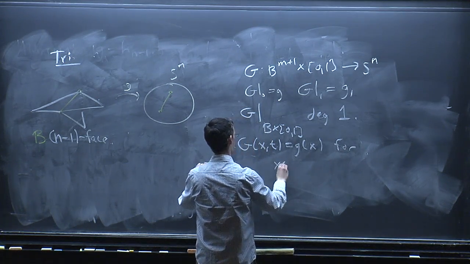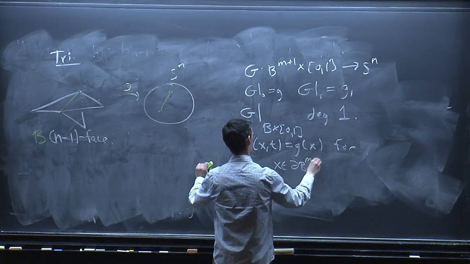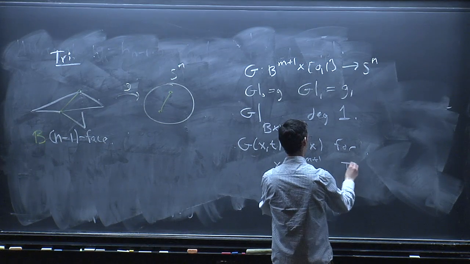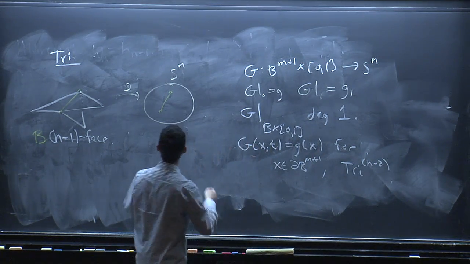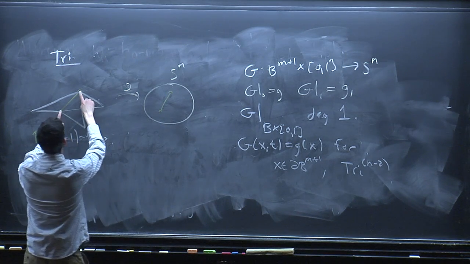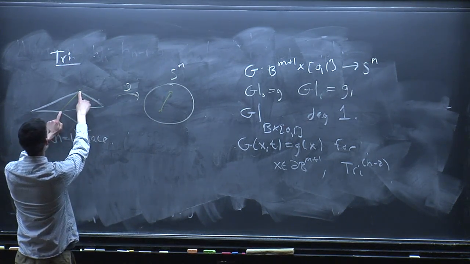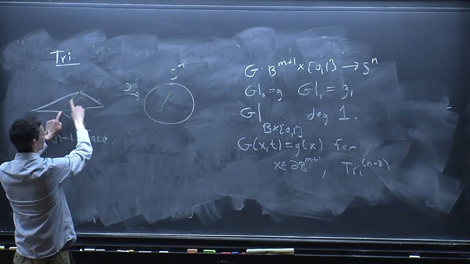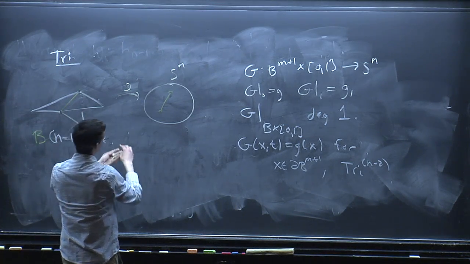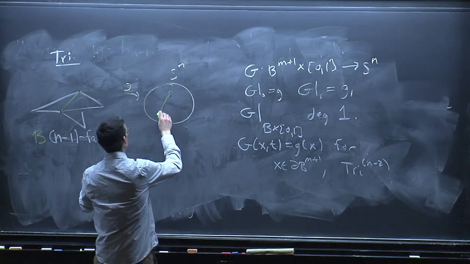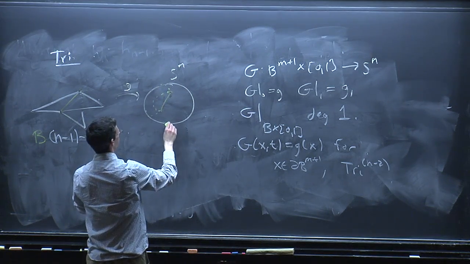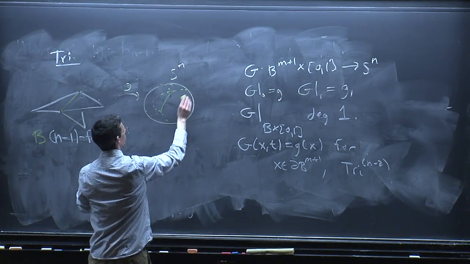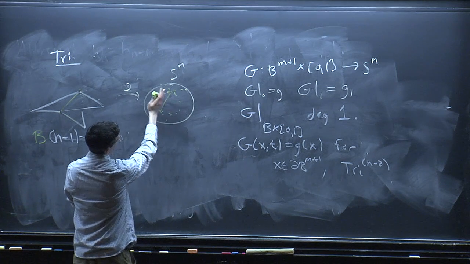So for x in the boundary, or for x in the n-2 skeleton. So G is not changing at this boundary, but it is changing along this n-1 face, and it's changing by, over time, gradually wrapping around and coming back and closing up.